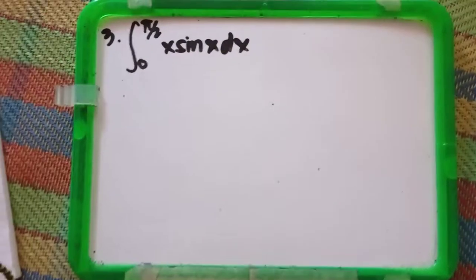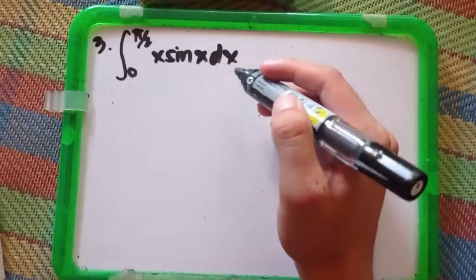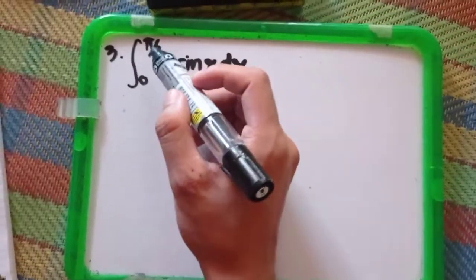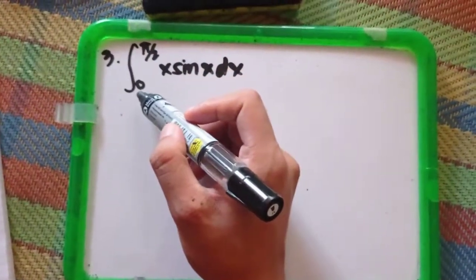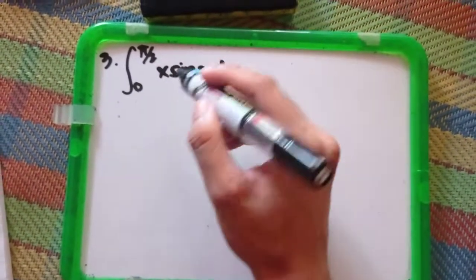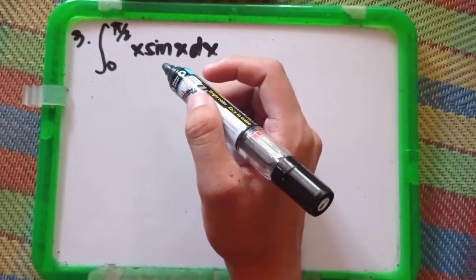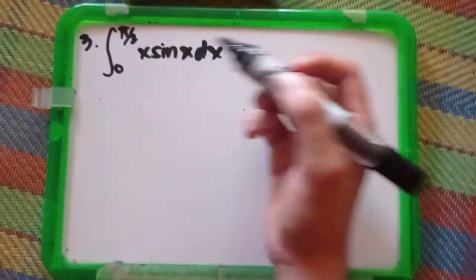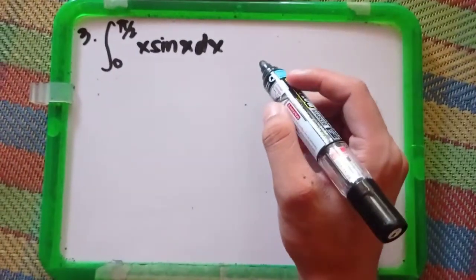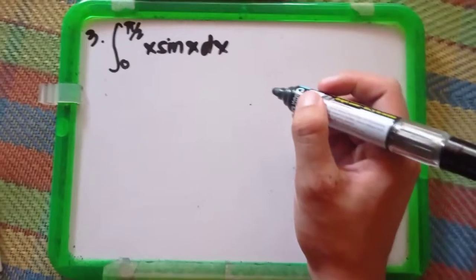And now here's our last function. This will be the integral upper boundary pi over 2 and the lower boundary 0. Its integrand is x times sine x dx. And now we can use the integration by parts or IBP.